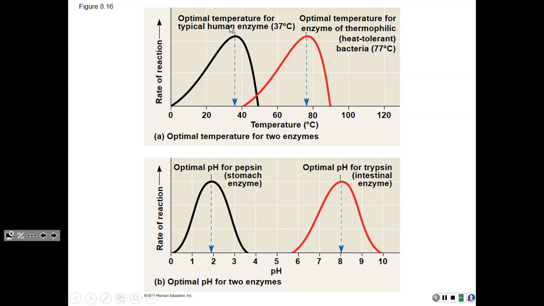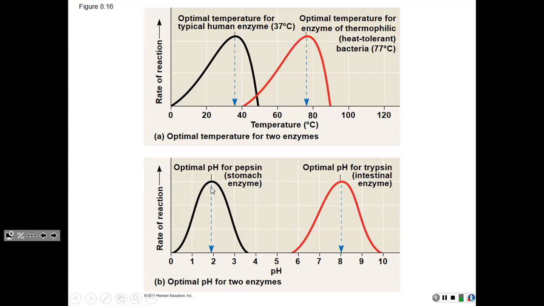I'm pretty confident that if our body temperatures were pegged at 35 instead of 37, the optimum temperature for all of our enzymes would have been lower because there'd be slightly different conformations of those proteins because of subtle differences in their amino acid sequences. And in fact, if you look at something that lives at 77 degrees centigrade, deep sea thermal vents where the water's almost boiling, really hot, those enzymes work optimally at 77 degrees.